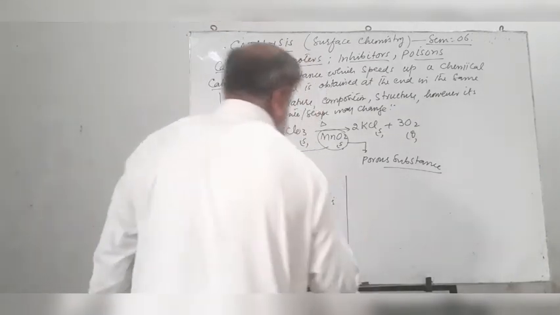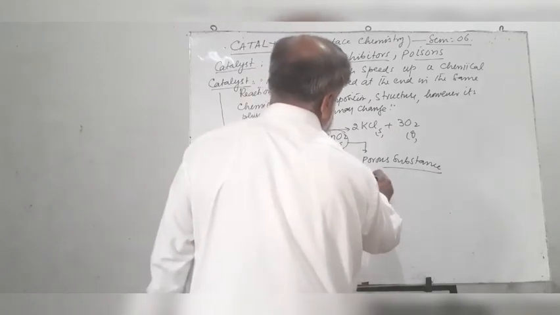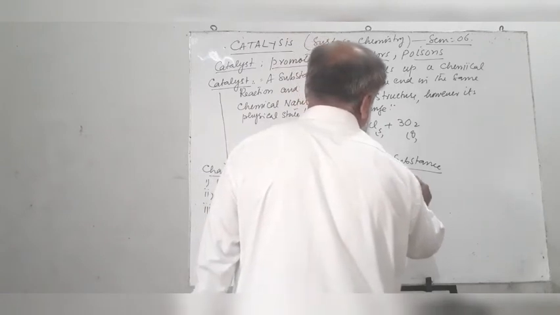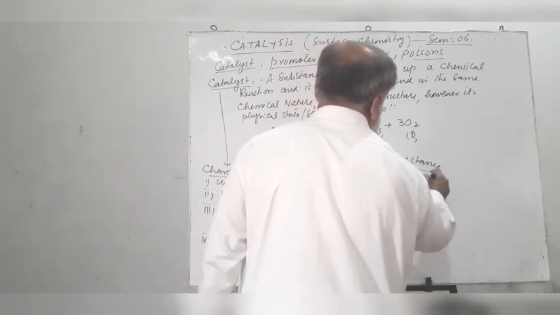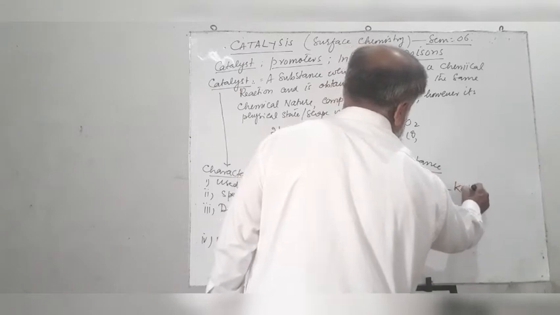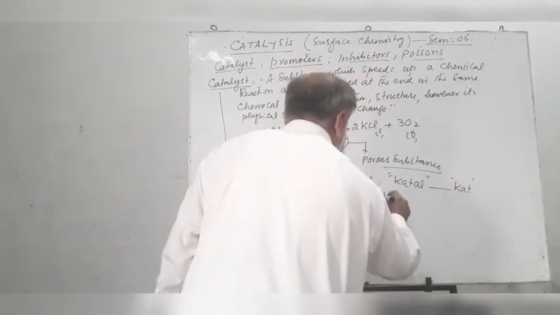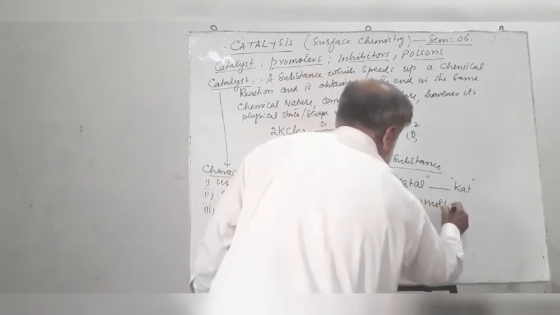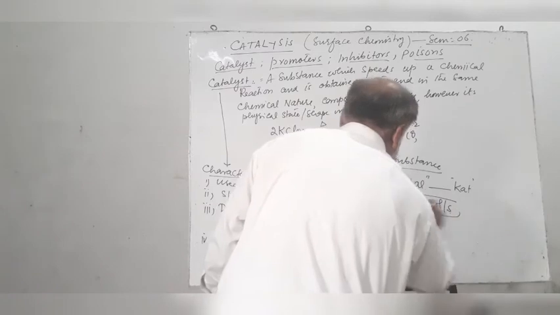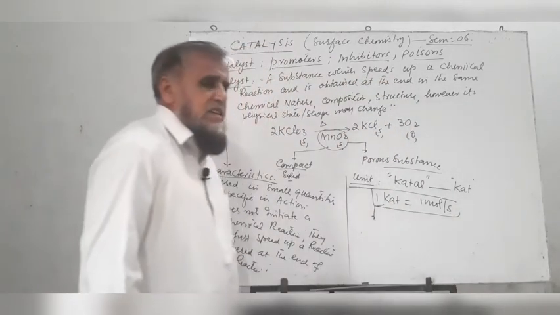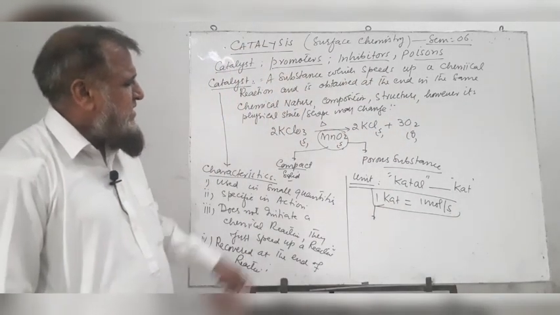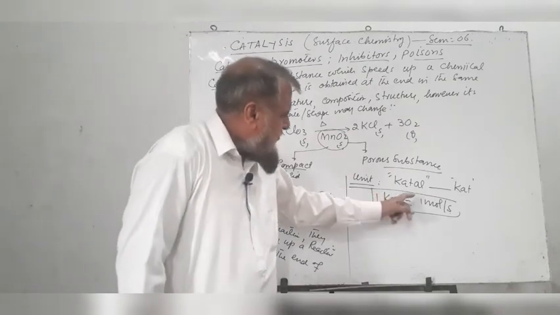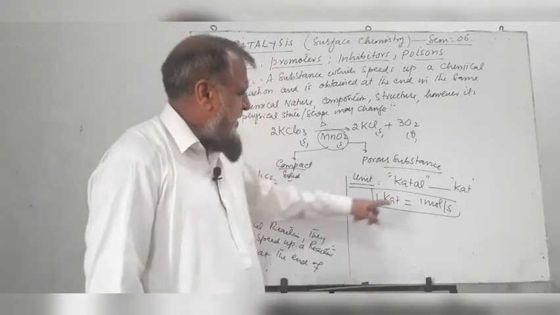The unit for catalyst activity according to SI system is called katal, denoted by kat, and 1 kat means 1 mole per second. 1 kat is the amount of catalyst which is required to convert 1 mole of reactant into products in 1 second.